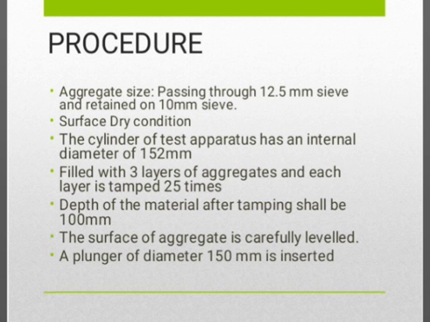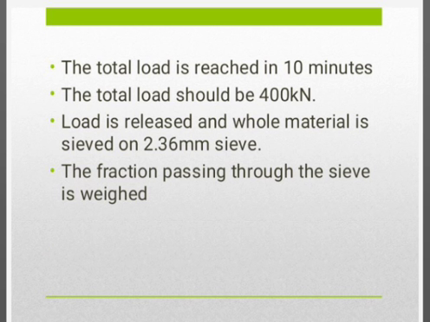The cylinder of the test apparatus is positioned on the tamping rod. The quantity of aggregate should be such that the depth of the material is 100 mm after tamping.